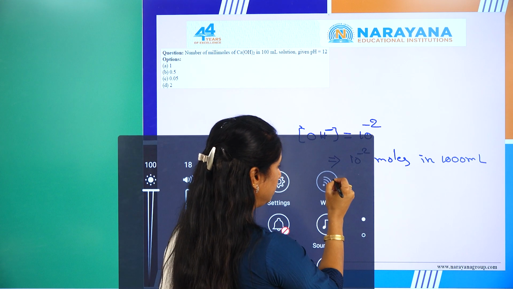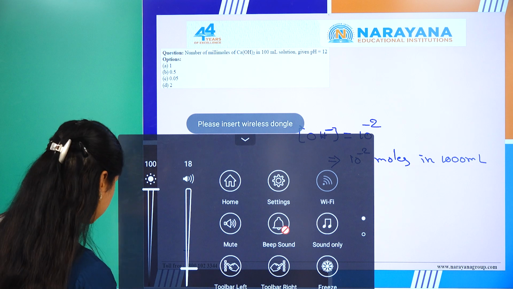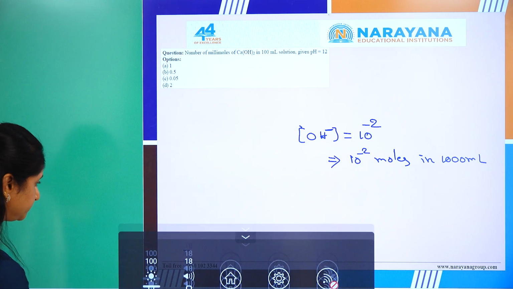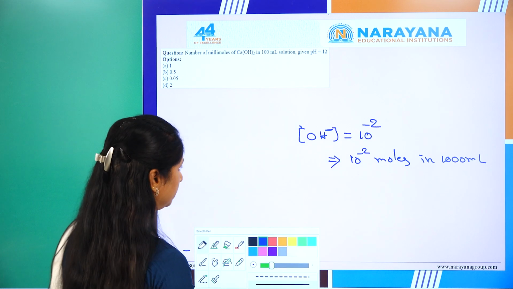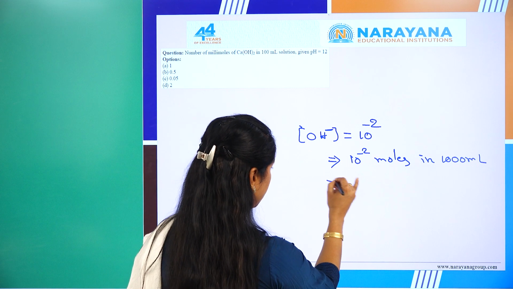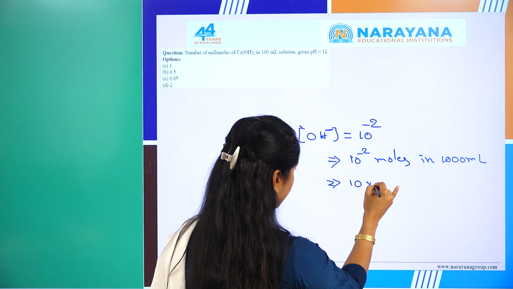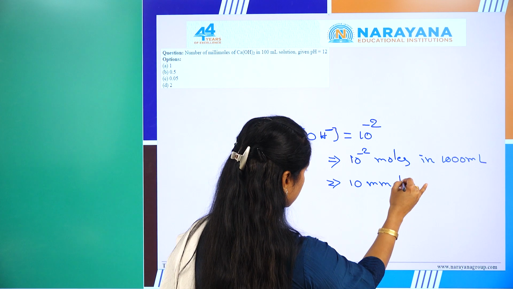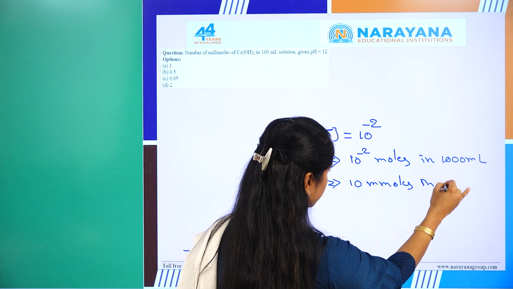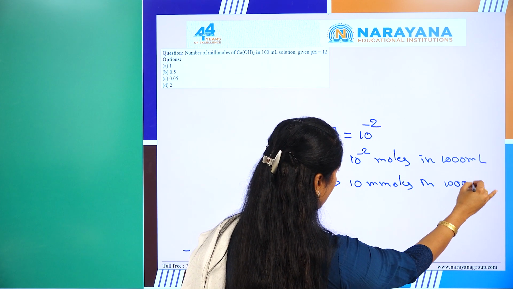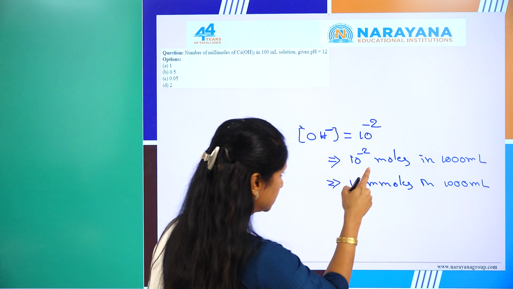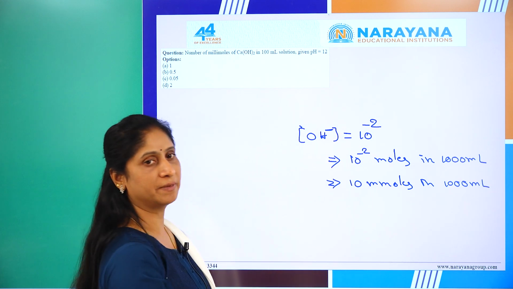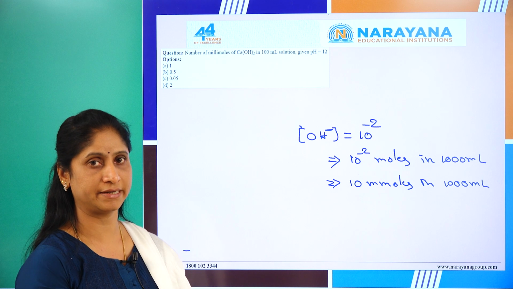So I am getting this as 10 millimoles in 1000 ml, 10 millimoles of OH minus ions. This is the concentration of OH minus I am getting, not calcium hydroxide directly.